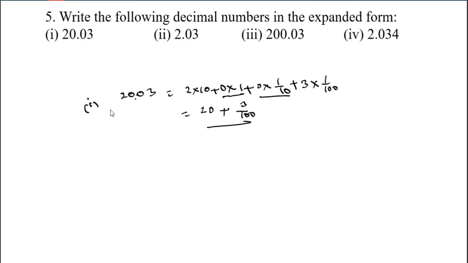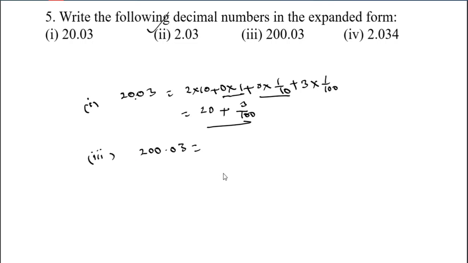Now come to the second one, 2.03. This is same as the first one, so this is homework for you. Third one, let me explain the third one. 200.03. So here also in the ones and tens places zeros are there. You need not multiply this 0 by 1 and 0 by 10 like that.